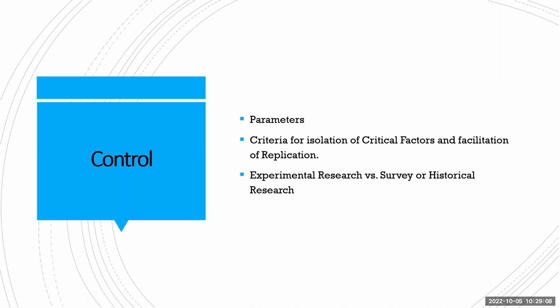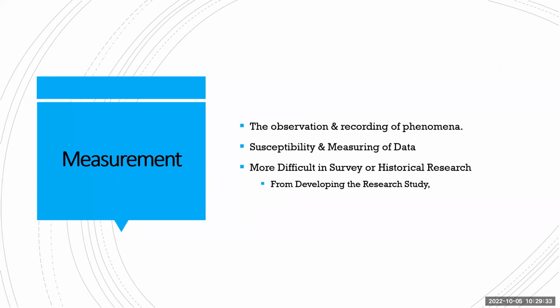Whereas the other types of research may include survey or historical. So the factors that go into creating the experiment should be very clear. And that's what this slide is talking about. The control is clear with all the factors that go into it.